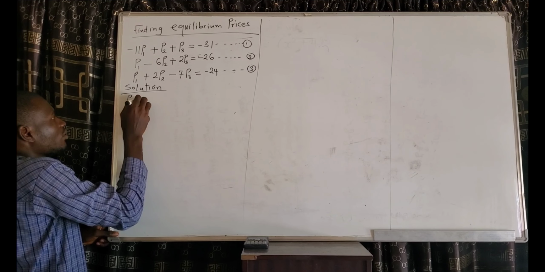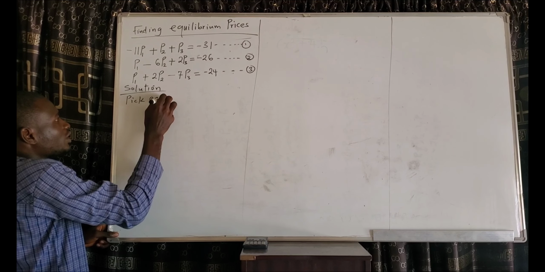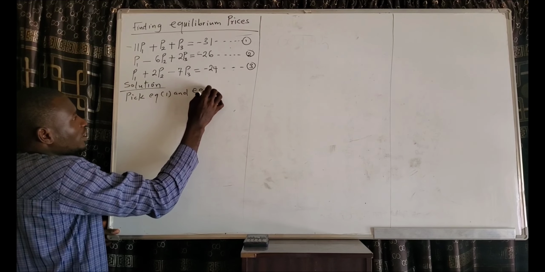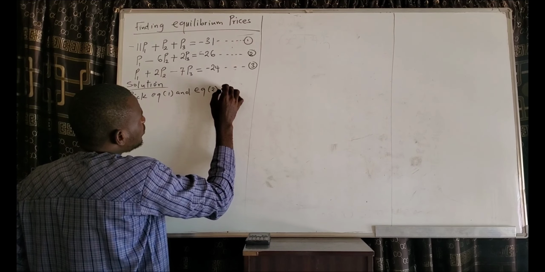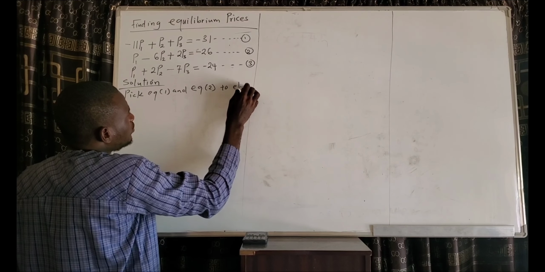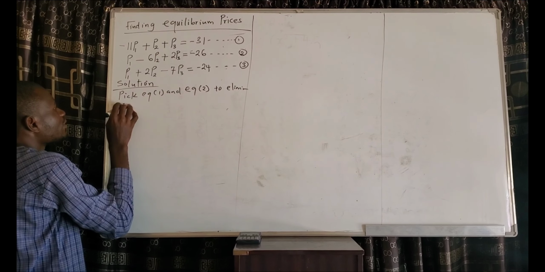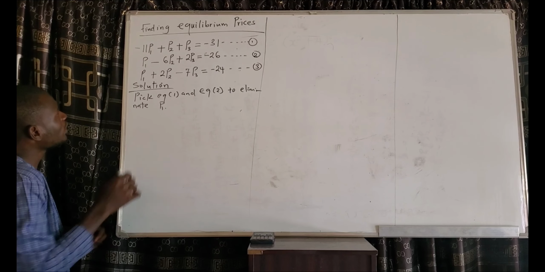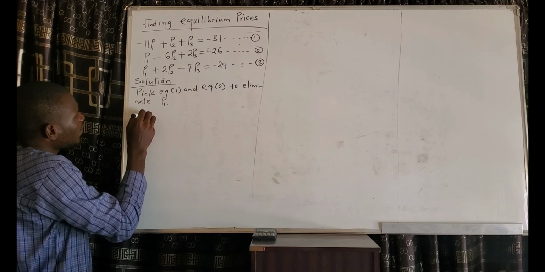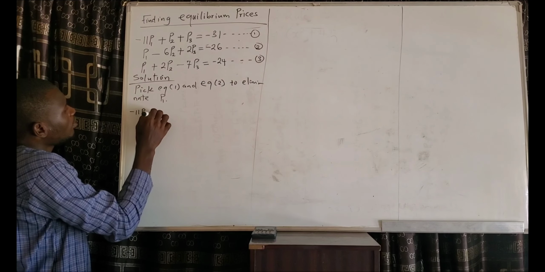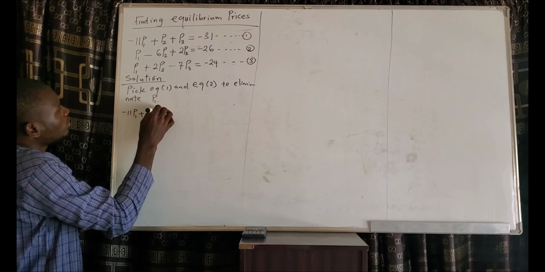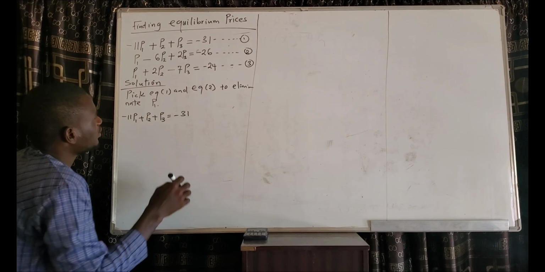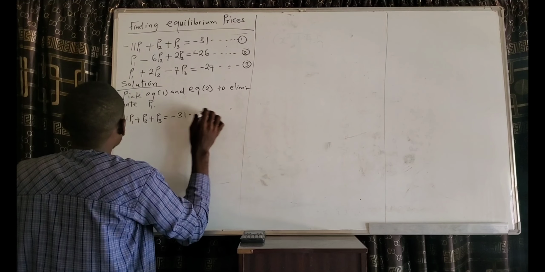Now pick equation 1 and equation 2 to eliminate P1. Equation 1 is negative 11 P1 plus P2 plus P3 equal to negative 31.